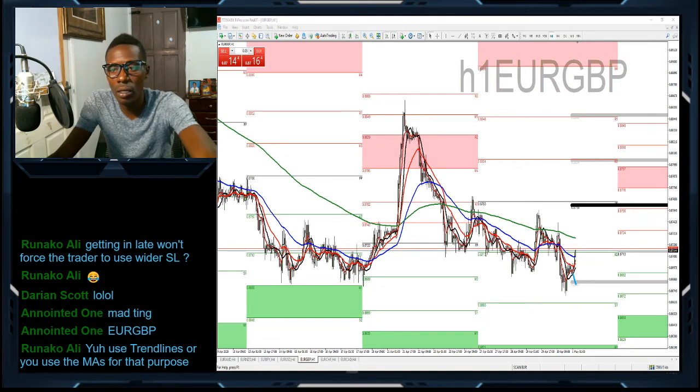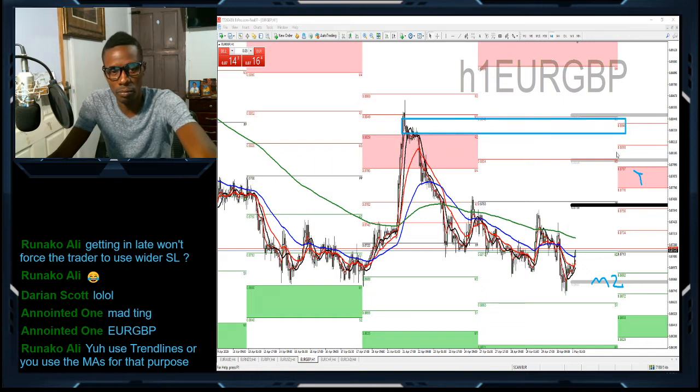M2, and the profit target for next week will be 87.87 right here. And the aggressive target would be this top right here. That's where we highlighted on our 4-hour time frame.